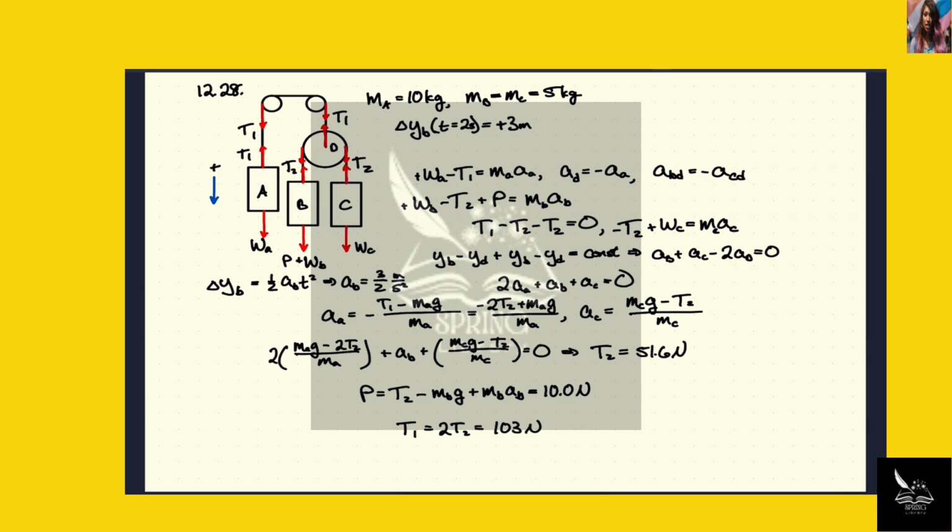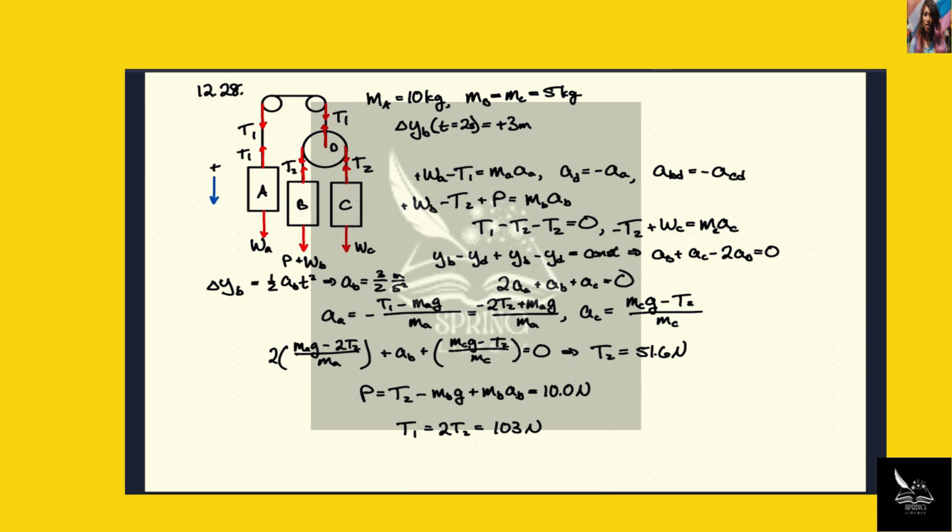Now we can figure out what P is, which was another unknown in the problem, by just using this equation here. We know all of these values, and that turns out to be just 10 newtons. So we're putting a 10 Newton load onto this to pull it down.